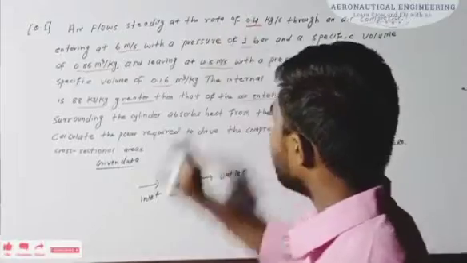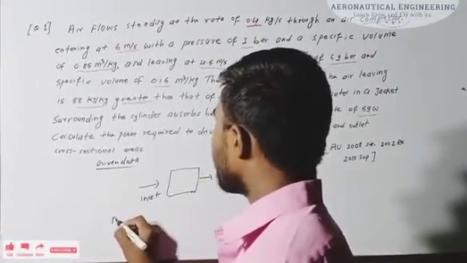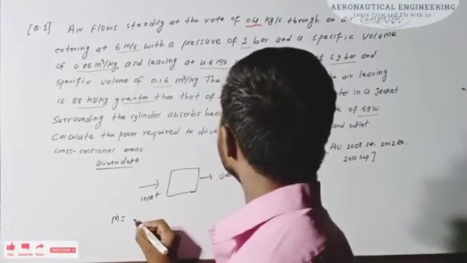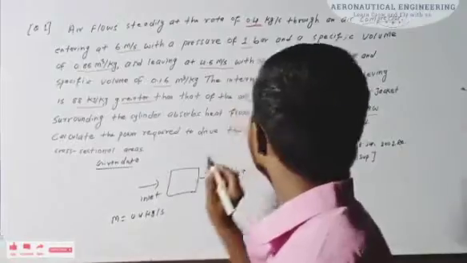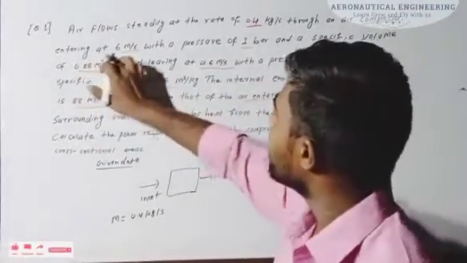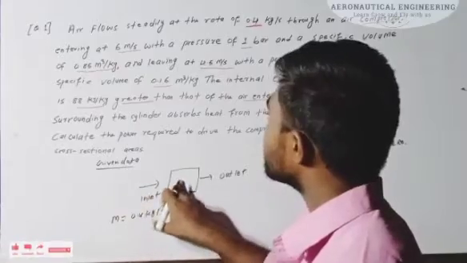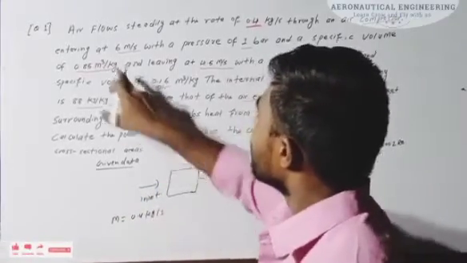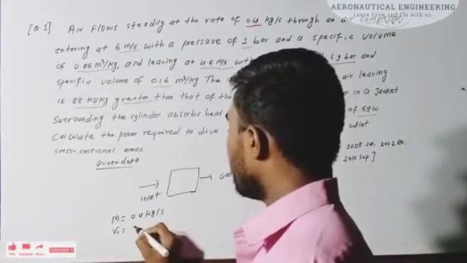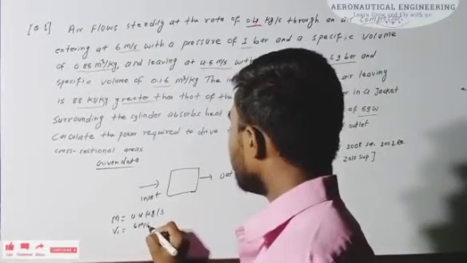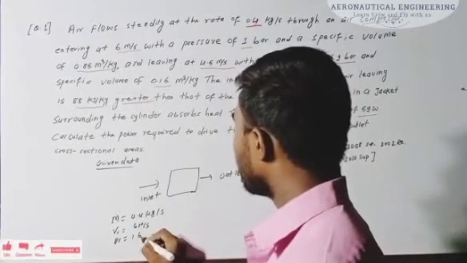The rate of air flow through the compressor means the mass flow rate, m dot, is 0.4 kg per second. The air is entering the compressor with a velocity of 6 meter per second, so V1 equals 6 meter per second, with an initial pressure P1 equal to 1 bar.